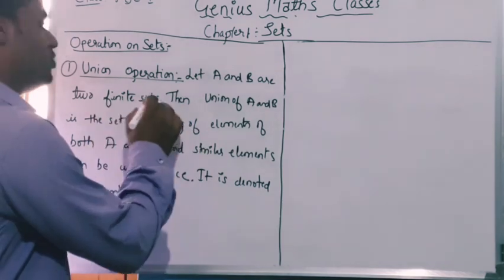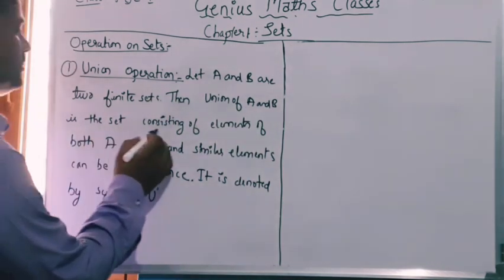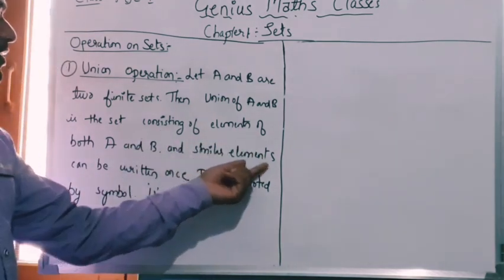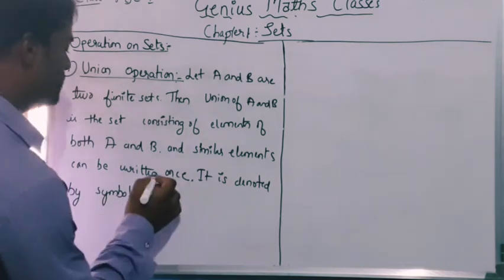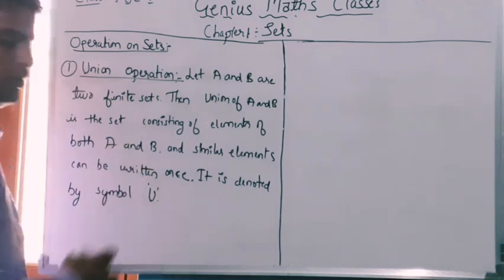Let A and B be two finite sets. Then the union of A and B is the set consisting of all the elements of both A and B, and the same elements are written only once. It is denoted by the symbol U.